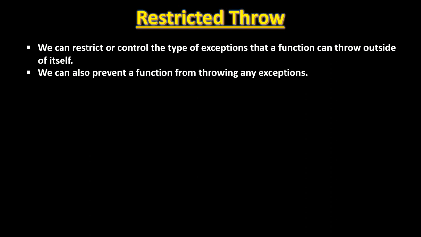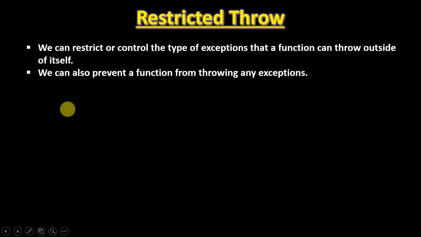But when the exception is thrown from the function definition to outside, to the caller, then with this restricted throw, if you have restricted any exception, only those particular exceptions can be thrown. If you are throwing anything other than that, then abnormal termination will take place.